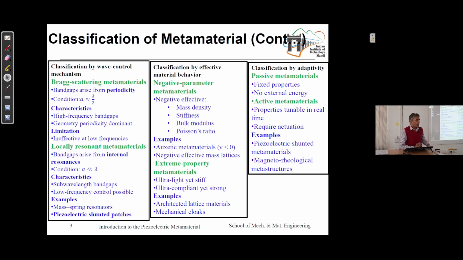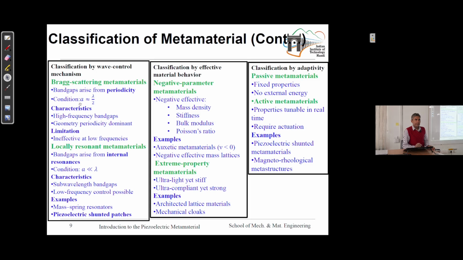It can be proved mathematically that if a structure has periodicity, we can control the waves, or stop the waves, at least over some range of frequency. We will discuss how this can be done. This can be done only if we have the size a.